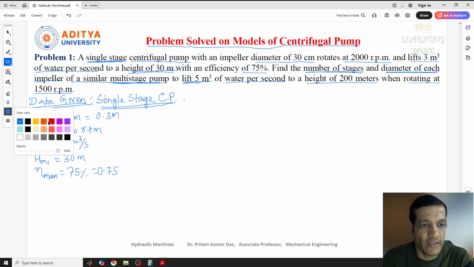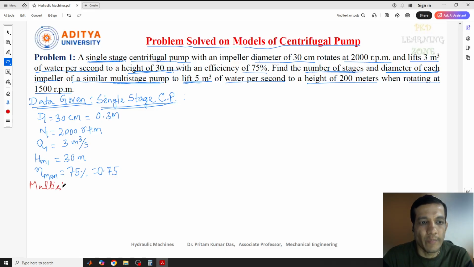Now the next data is given for the multi-stage similar pump. So the next data we'll write for the multi-stage similar pump. From here we need to identify the number of stages and the diameters.